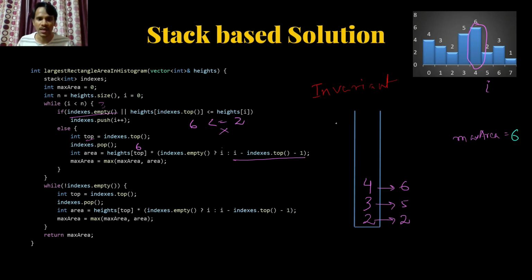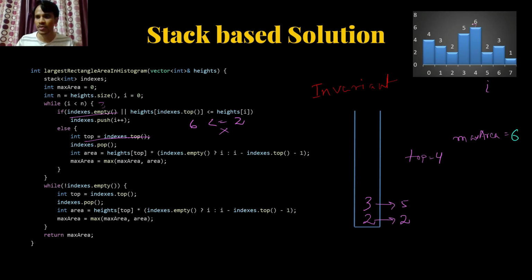This is basically the difference of the elements from the stack. We get the top index, which is 4. Okay, and then we pop this index out. So the 4 is popped, top index is 4, right? And then we find the area using a height of top.